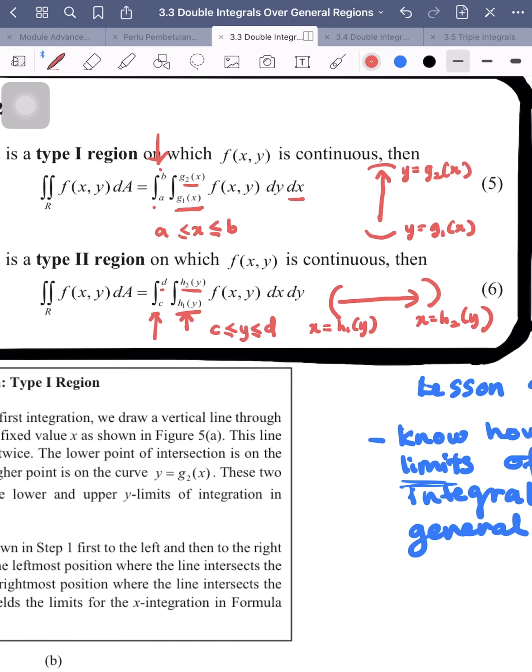You also can write this as x is in between h1(y) until h2(y). Similar with dy dx as well, you also can put the limit in between g1(x) until g2(x). You can write your limit like this or directly into your integral.